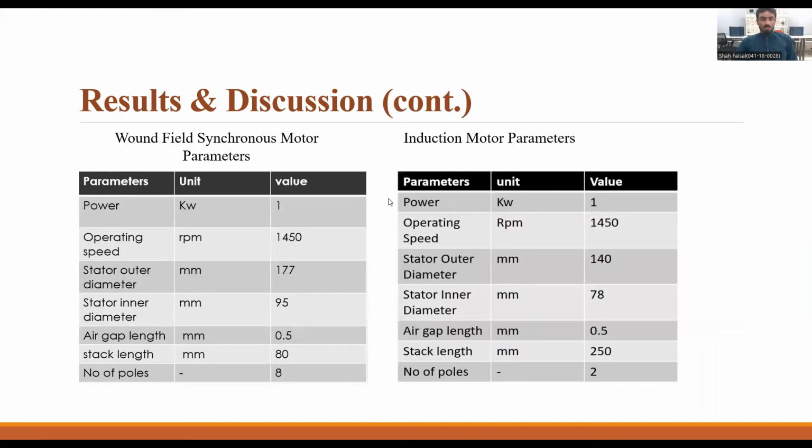The wound field synchronous motor parameters and the induction motor parameters are both rated at 1 kilowatt power, and their operating speed is the same. The other parameters were calculated from the above equations.